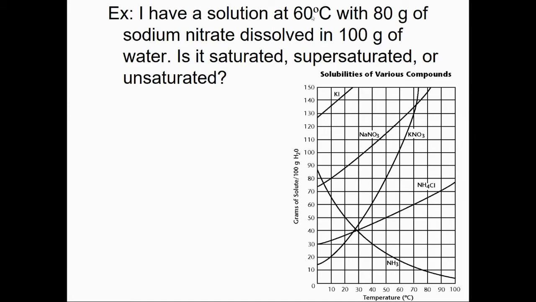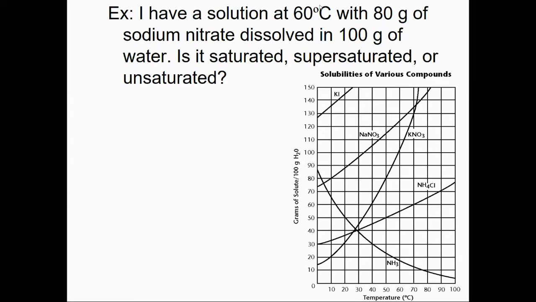We're looking at 60 degrees Celsius and 80 grams of sodium nitrate. And we want to know if it is saturated, supersaturated, or unsaturated? Remember, if it's saturated, it's going to be on the line. If it's unsaturated, it's going to be below the line. If it's supersaturated, it is going to be above the line.